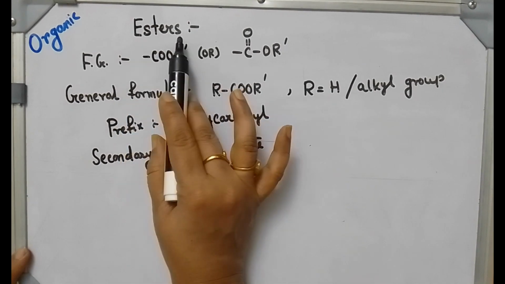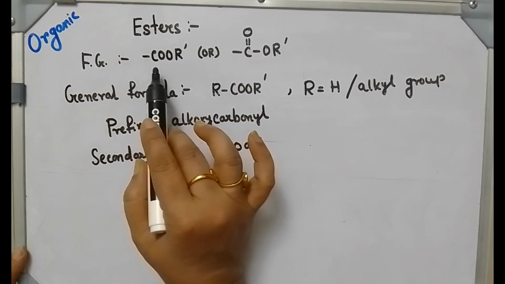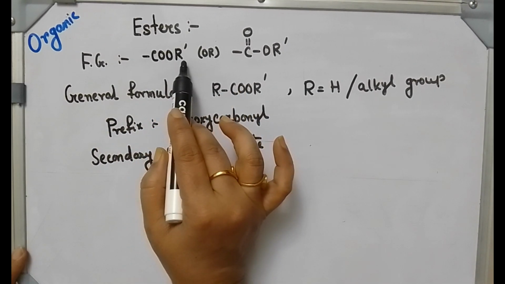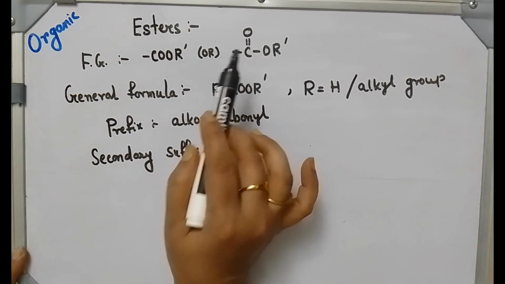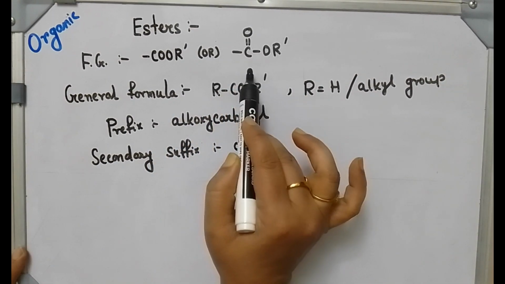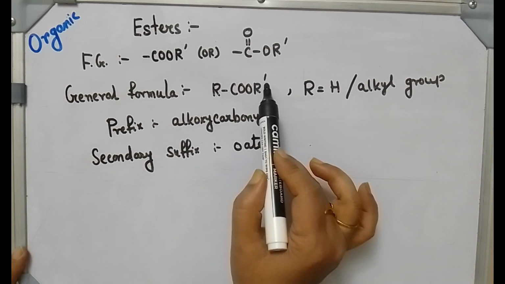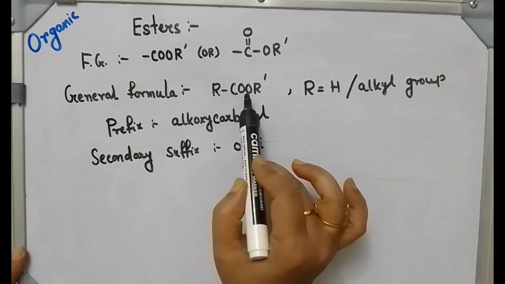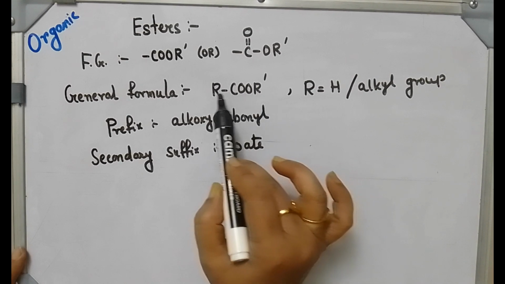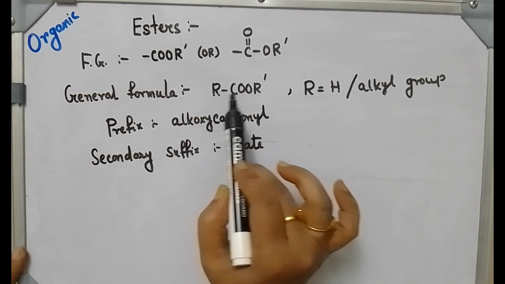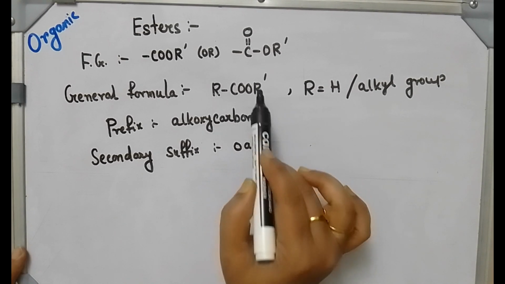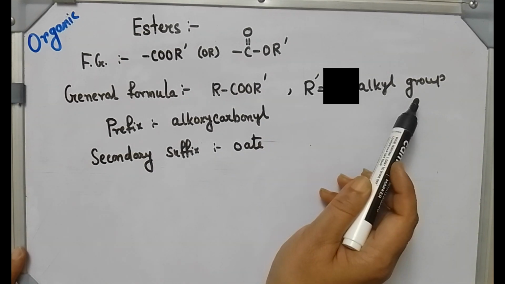Next functional group is ester. So its structure will be COOR or COOR prime, and its complete structure is like that. General formula, since here we are giving R prime, so it's RCOOR prime. These two may be same, these two may be different. Okay, and R prime is an alkyl group.